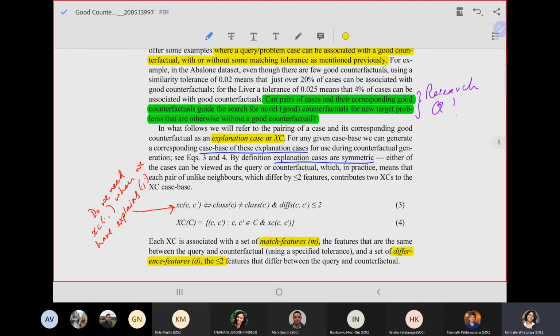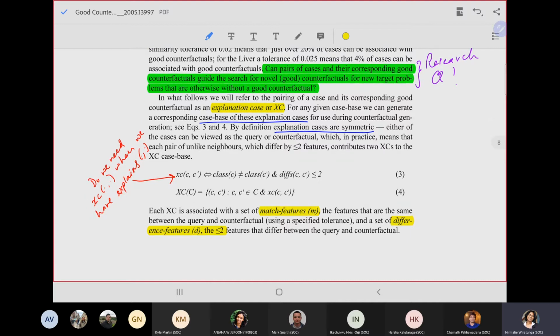I think at some point they changed the C prime and C incorrectly. I can't remember where. Now in equation 4, what they are saying here is, okay, now that we have a pair, a case explanation experience consists of a case and its counterfactual.